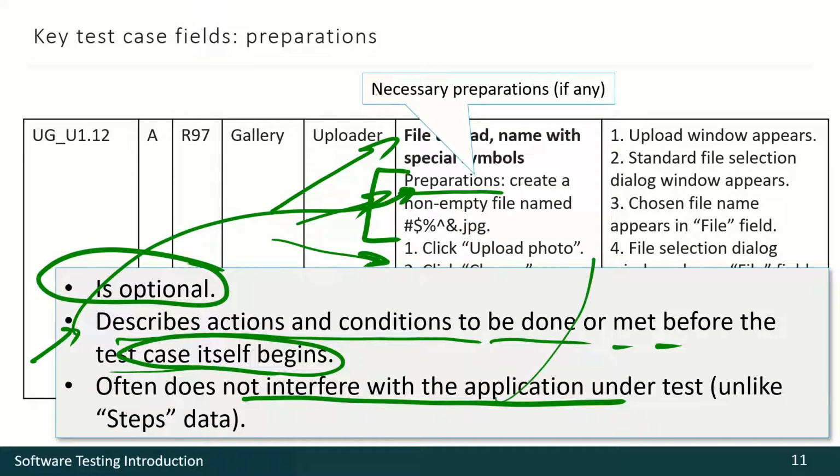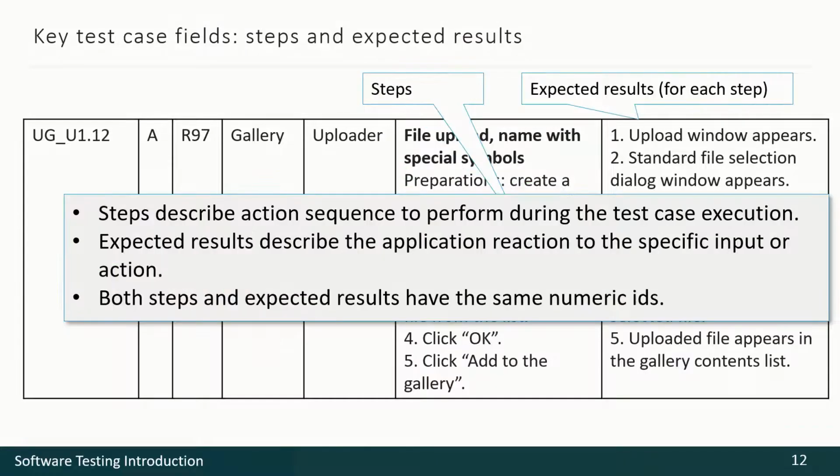Because if something fails here in preparations, we may not fail the test case and report a defect. That's only some ongoing trouble we have to fix. But the application is probably still okay. So that defect is about preparations only. And once again, it's optional. So maybe sometimes you'll see some test cases without any preparations, and that's okay.